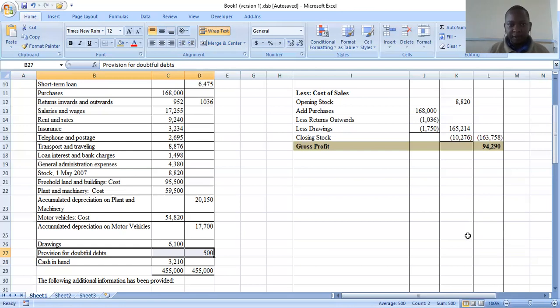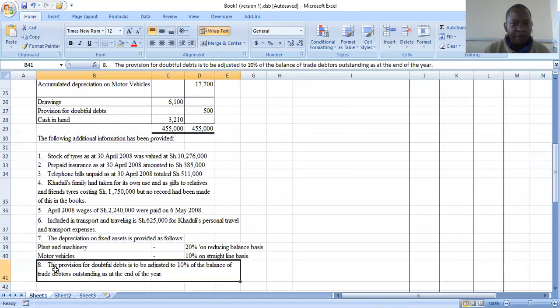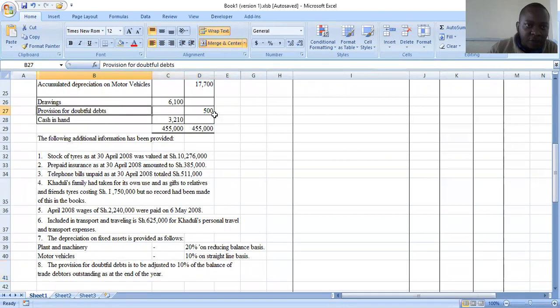So we've been told in additional information number 8, we adjust the provision for bad and doubtful debts to 10% of the balance of trade debtors outstanding at the end of the year. So we need to see whether it will increase from the current 500. Sawa sawa.